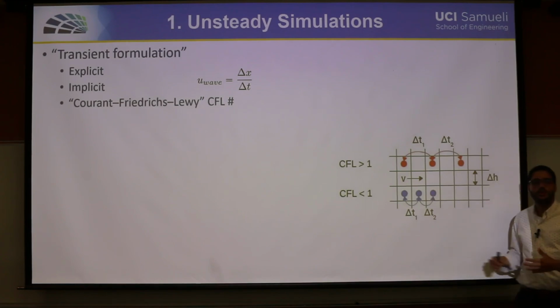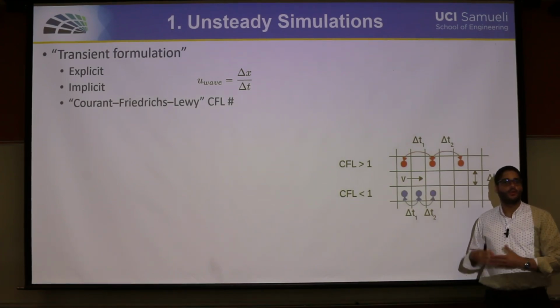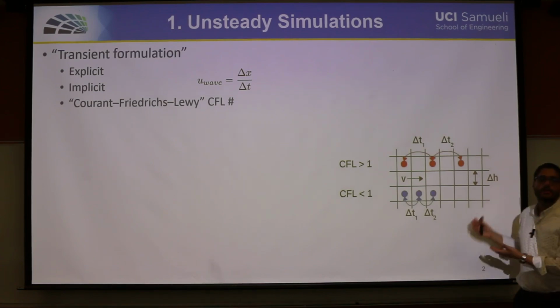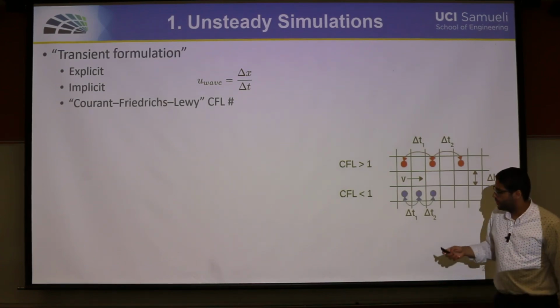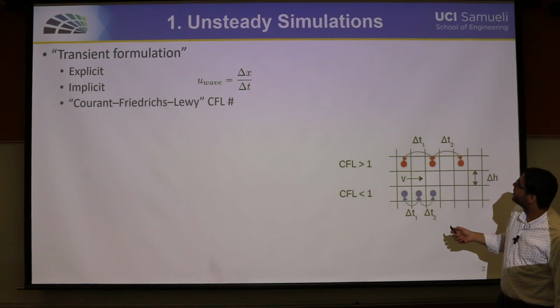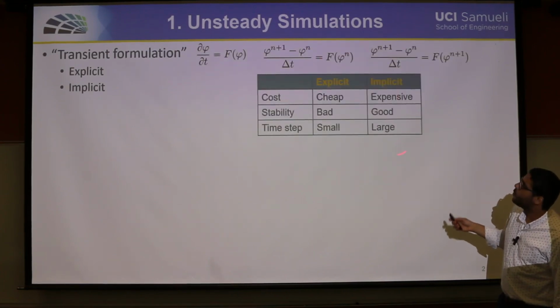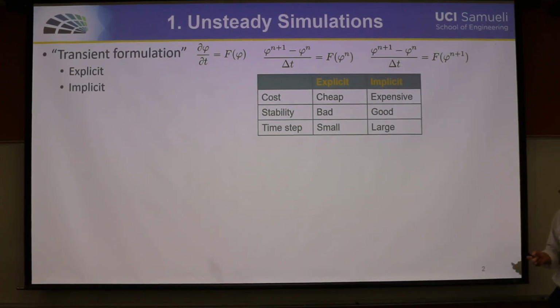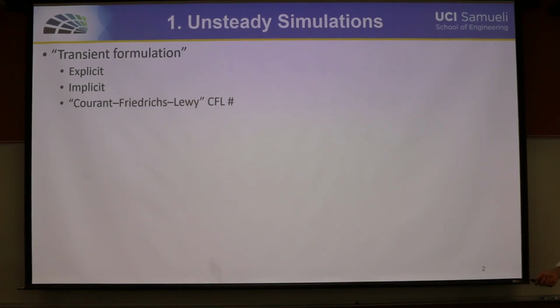Aside from reaching an unphysical or an unreliable solution, you might get some stability issues, especially with the explicit and implicit temporal discretization schemes or time integration schemes.